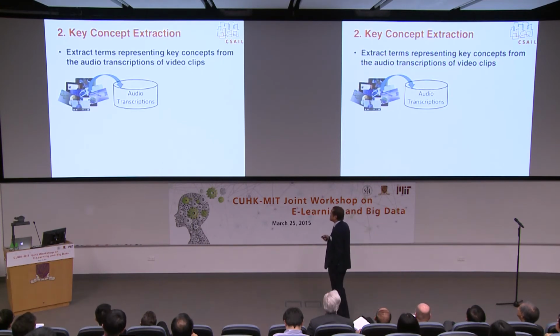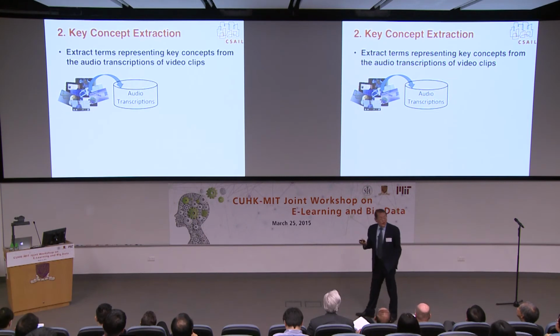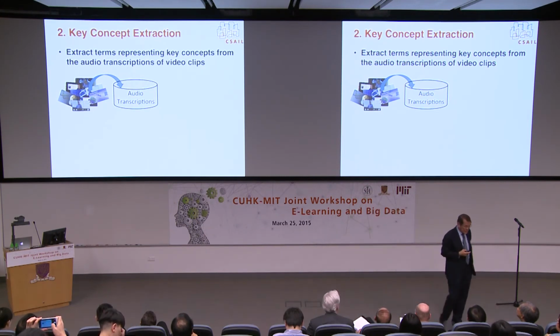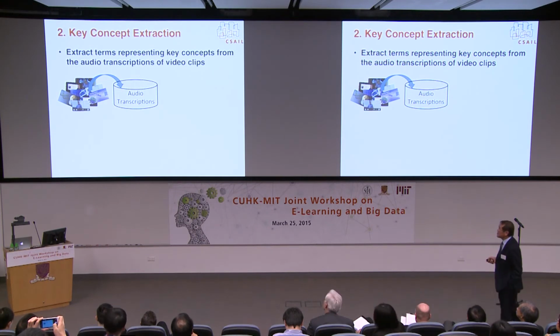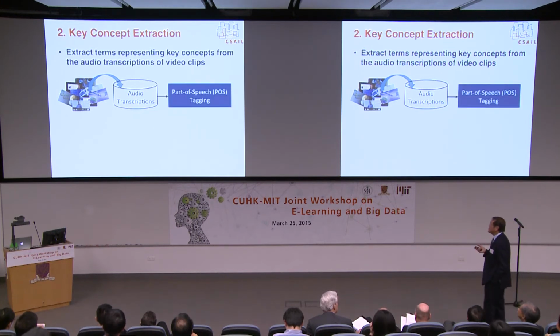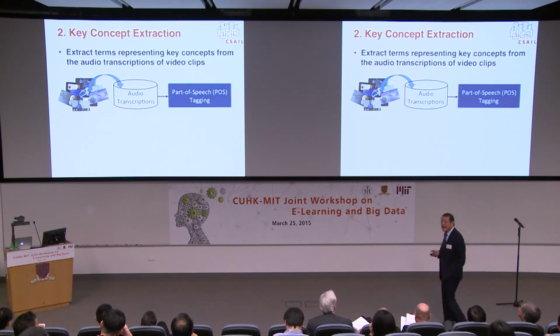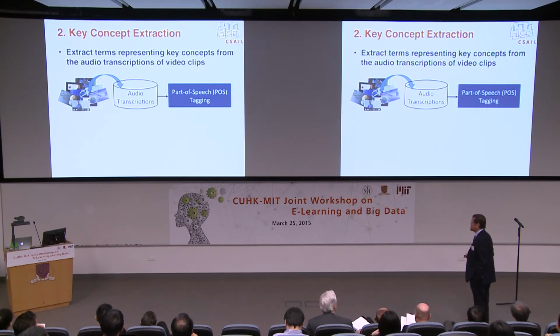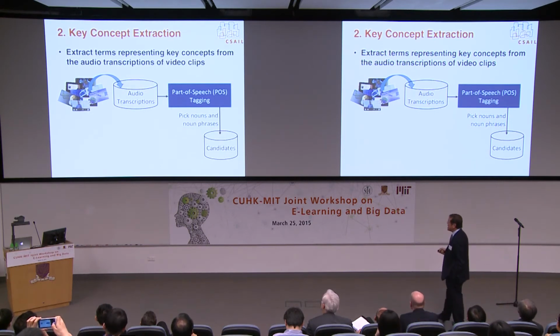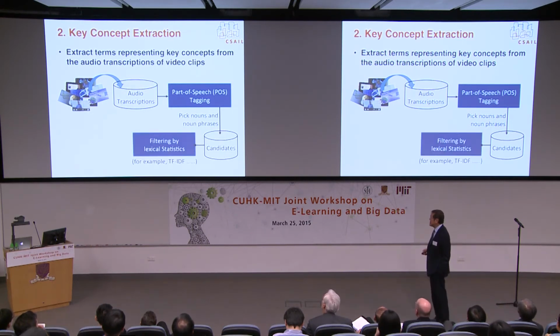The second step is we try to extract automatically the key terms in each one of those lecture vignettes, if you will. Based on the audio transcription and different kinds of things, for example, one of the things we do is to tag automatically the parts of speech. And then we pick out the nouns and noun phrases and consider them to be candidates, all right?